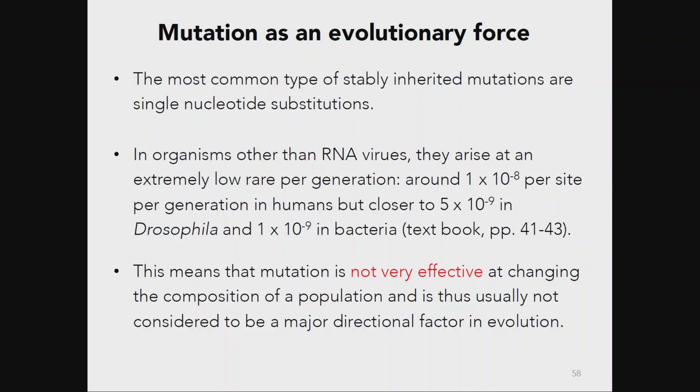Too rare, right? Even though to do these calculations we need to know the mutation rate, in a way we don't need to care too much about mutation. Mutation is not a really major directional force in evolution. It's much less important than drift and selection.